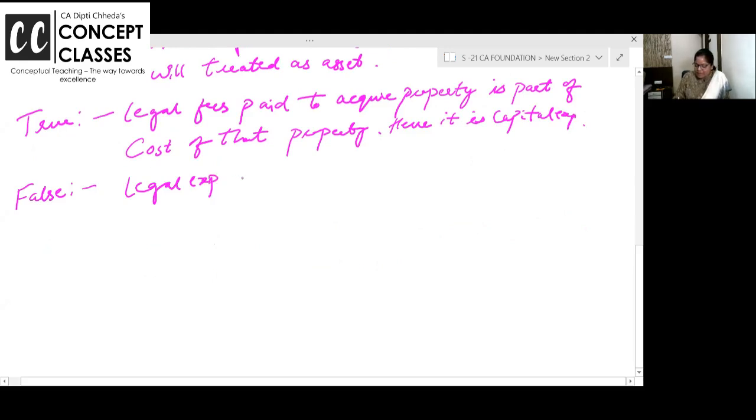Legal expenses are helping to maintain the asset, that is building.